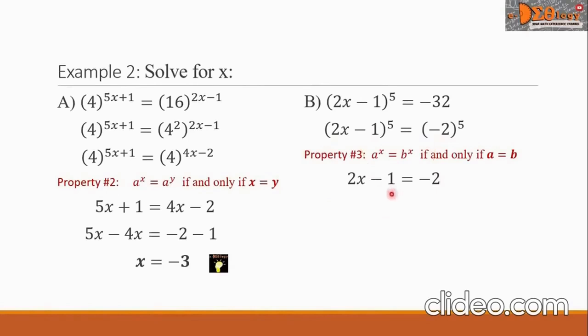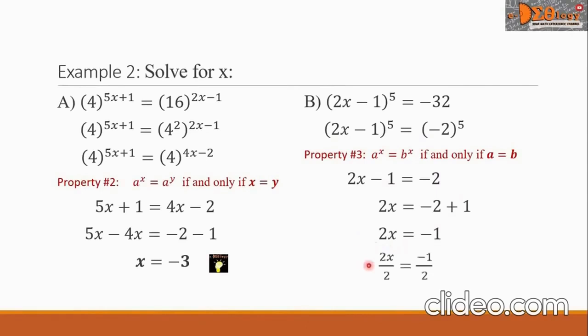The negative 1, we will transpose on the right side. It becomes plus 1. And then we will simplify further. The negative 2 plus 1 is negative 1. We will divide this equation by the coefficient of x, which is 2.